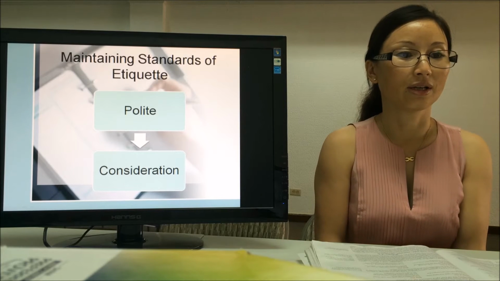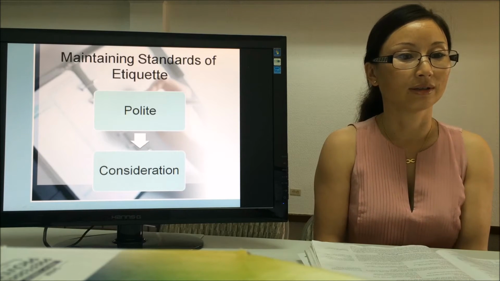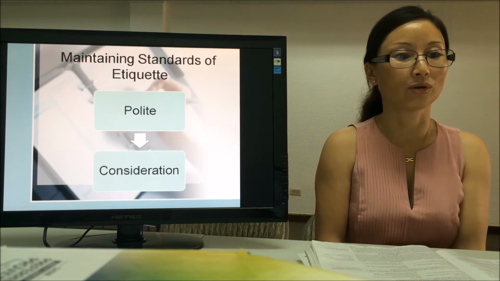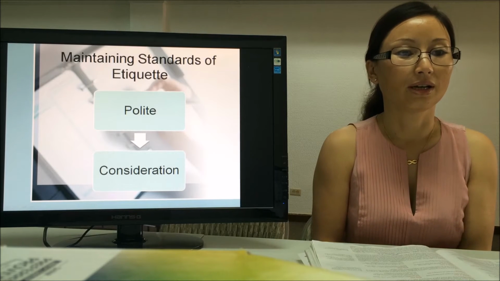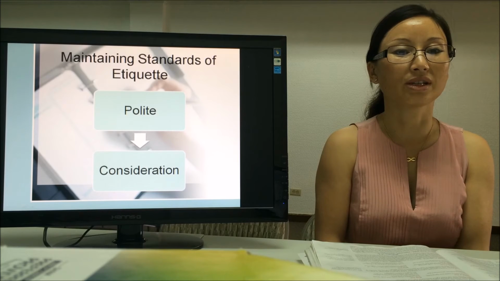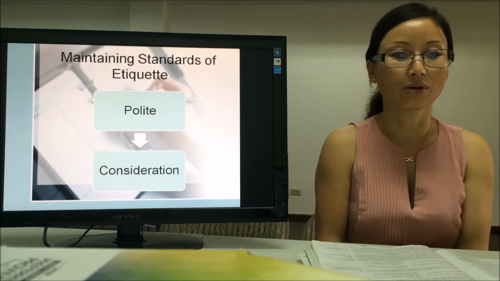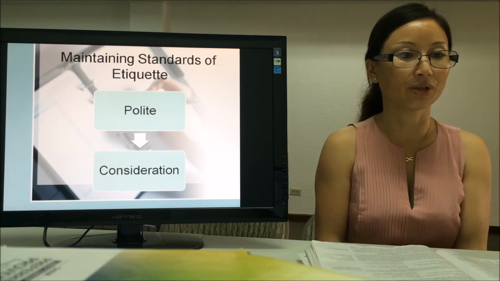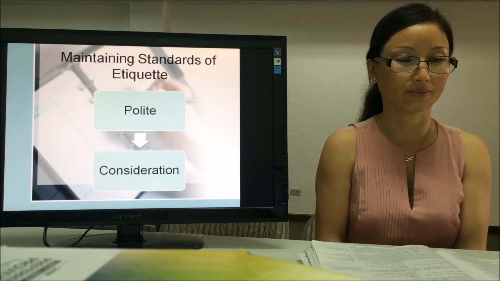Written communication generally requires more tact than oral communication. Good etiquette not only indicates respect for your audience, you also should consider your readers' emotions and culture.